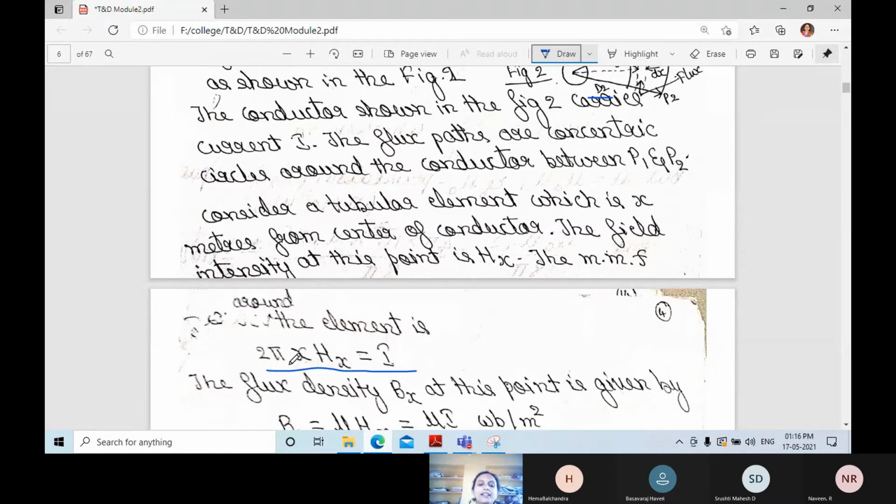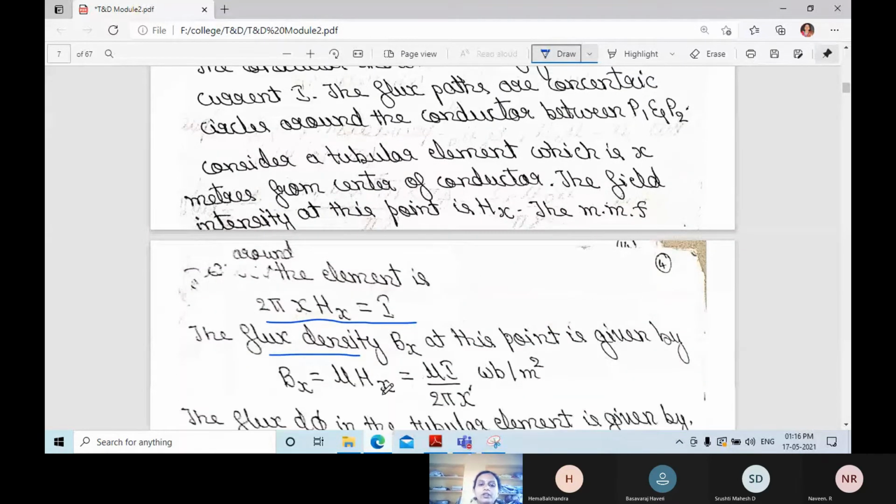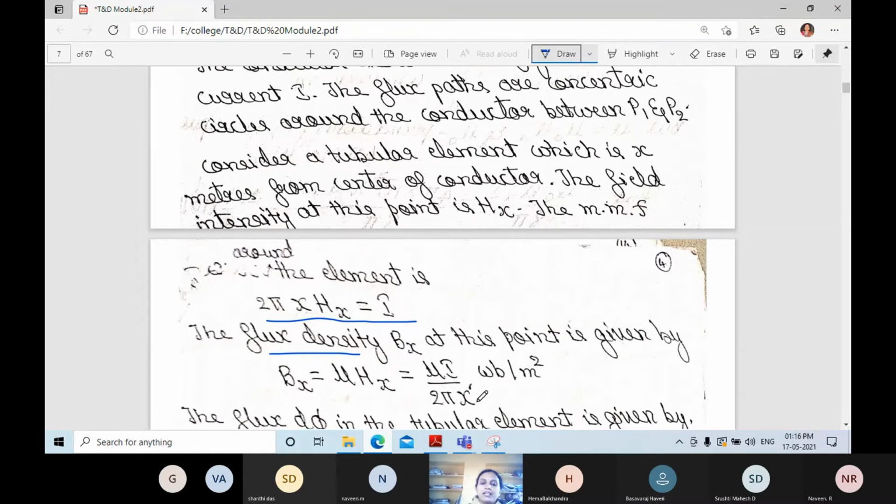The flux density at this point is Bx is equal to mu into Hx. We know the value of Hx, that is I divided by 2 pi x. So substituting, you will get Bx is equal to mu I divided by 2 pi x Weber per meter square.